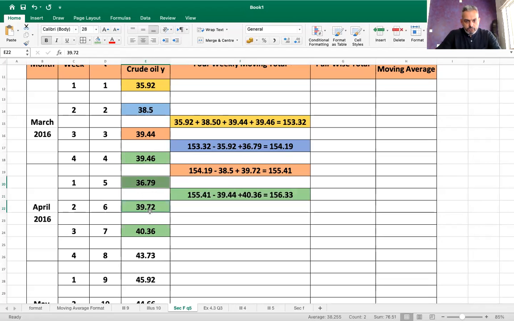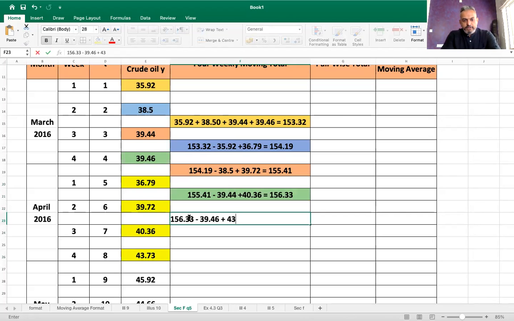Next, 1, 2, 3, and 4. Centermost. So 156.33 minus 39.46 plus 43.73, which is equal to 160.60.